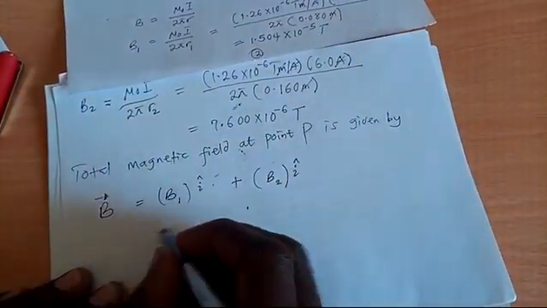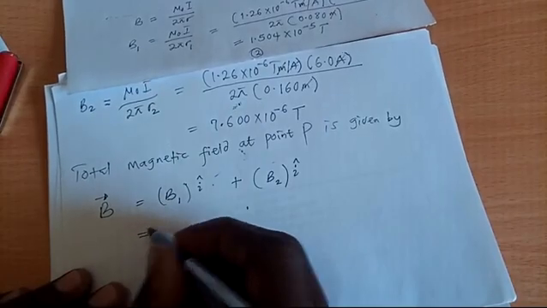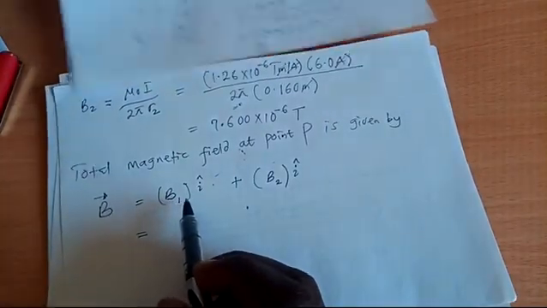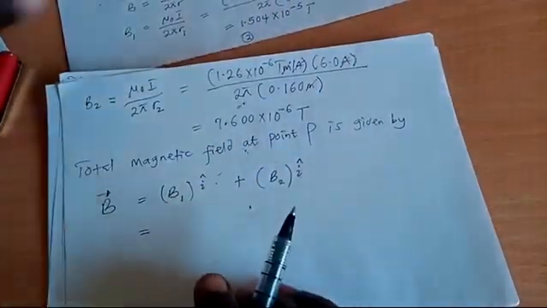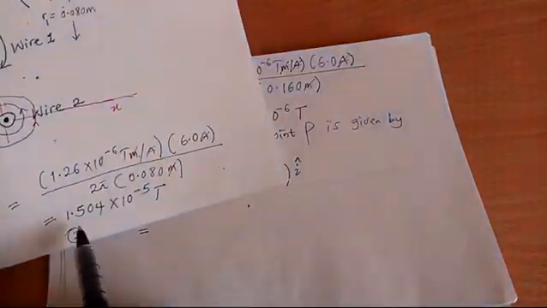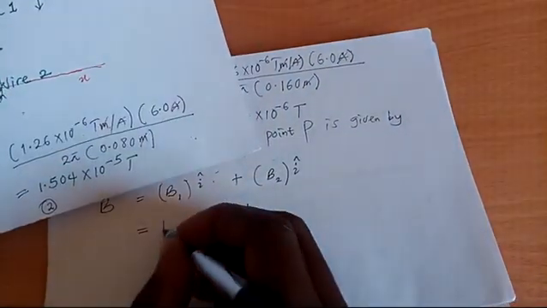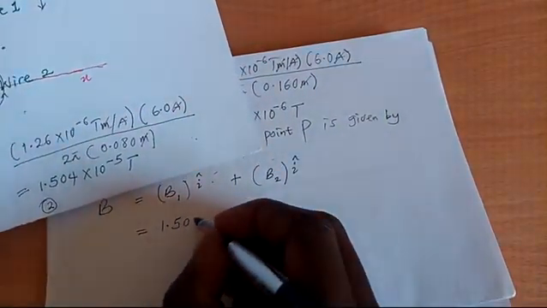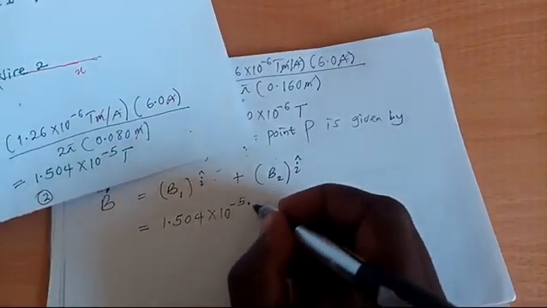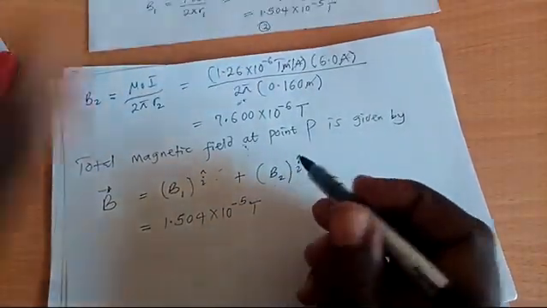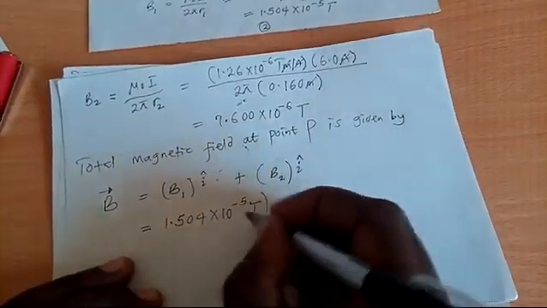Okay, now I'll continue and say, this is equal to my B1, which is positive, in the positive x-axis, and its magnitude I got here: 1.504 times 10 raised to the power of negative 5 Tesla.